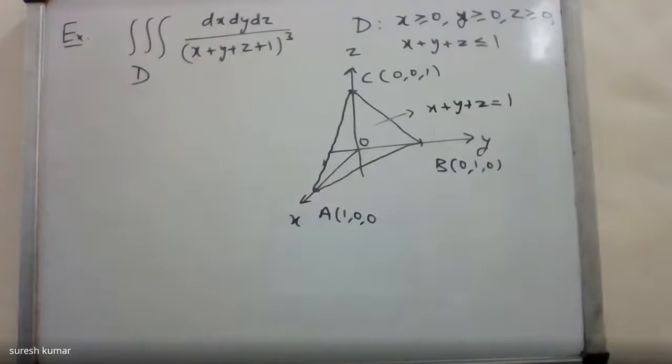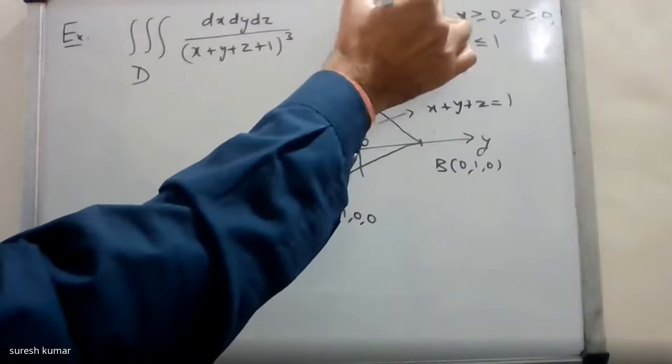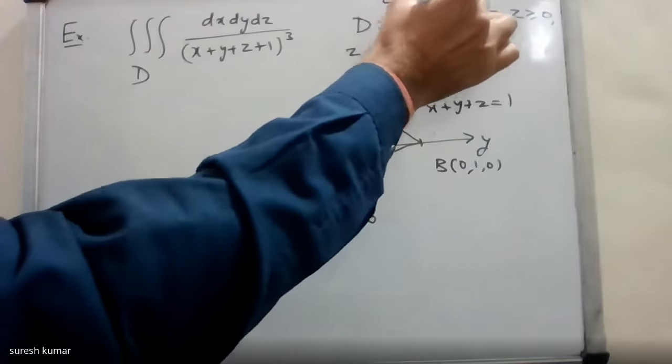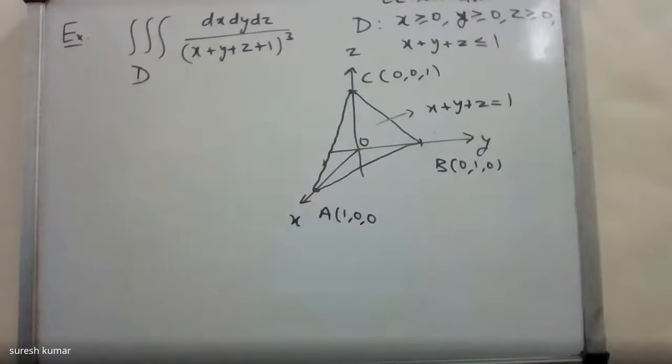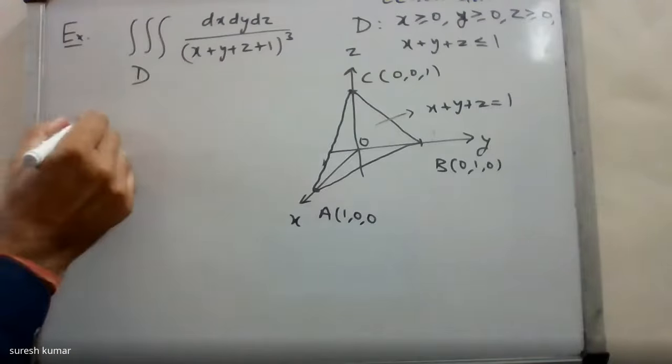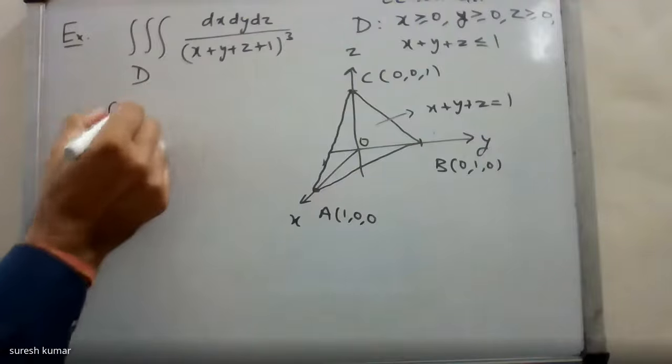Coordinate planes you understand. So we give a special name to this 3D shape called tetrahedron. Okay, so basically it is this tetrahedron. Now, limits of x, y, z, you have to decide from this 3D region. This is very important.